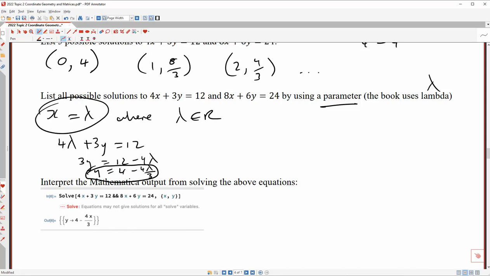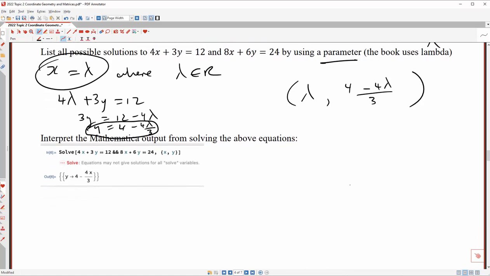So x is lambda, and y is 4, take away 4 lambda on 3. And so basically the solutions are saying if you want to get an ordered pair for these lines, then these are going to be the coordinates, i.e. choose a value for lambda, 2, 3, anything from the real number system, jam it into this, and that's going to be a possible solution.